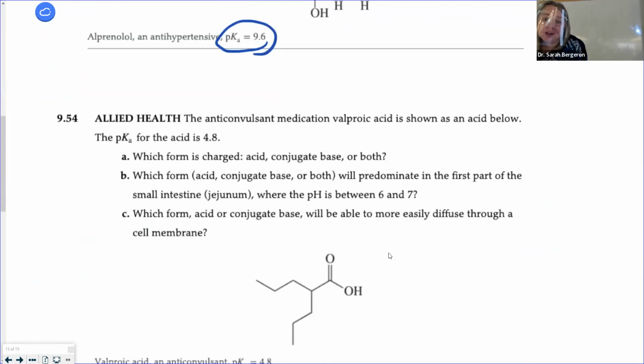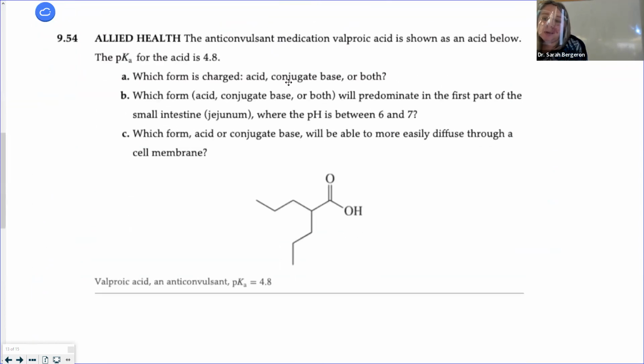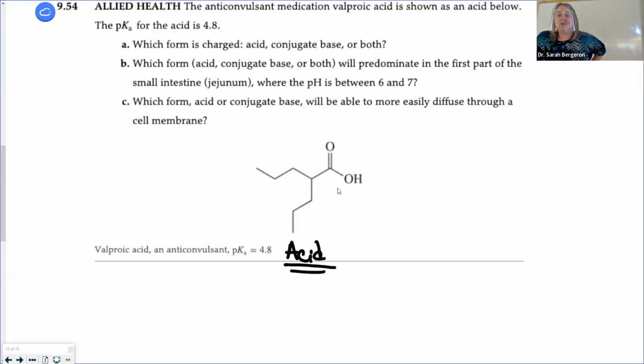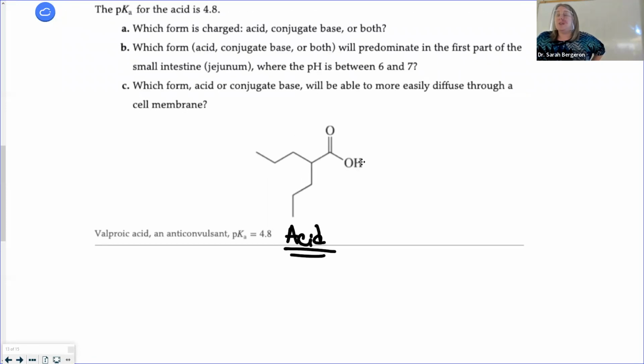So if we come up here, okay. Here's an example medication. This is valproic acid. It's an anticonvulsant. It's represented as its acid form in this picture. Is this charged? Do you see a positive or a negative? No. So this is neutral.